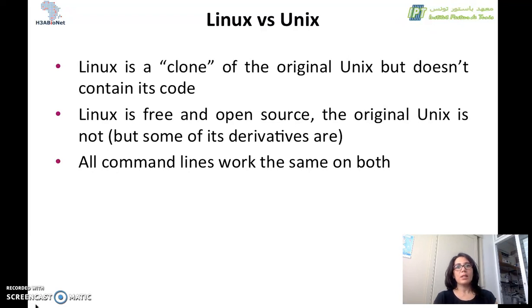So Unix was initially developed to be used on big servers, large mainframes, and expensive computers in different institutions. But Linux was mainly developed for personal computers. It's a much simpler type of hardware.